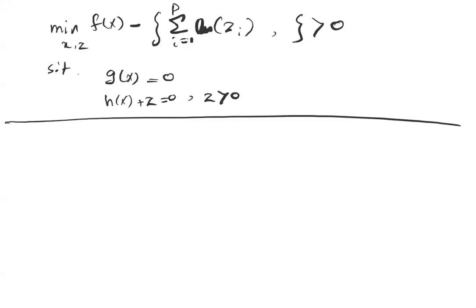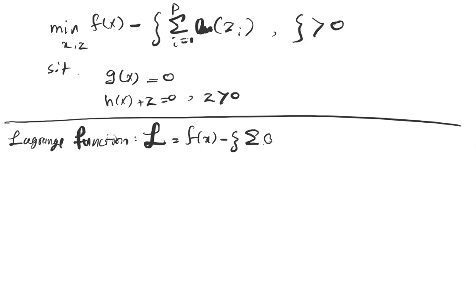Now, what I'm going to do next is write the Lagrange function for this problem. Our Lagrange function looks like the objective function with the barrier term, plus the Lagrange multiplier corresponding to the first set of equality constraints.